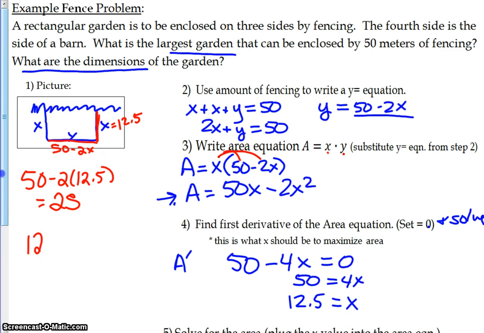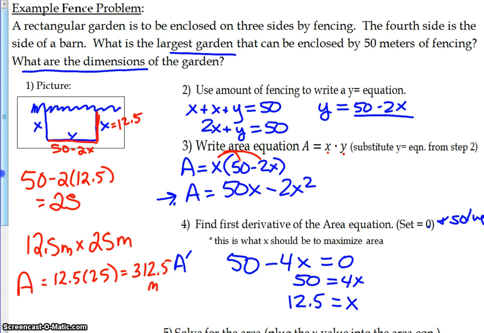If I have a 12.5 meter by 25 meter plot of land, then the area is 12.5 times 25, and of course it's that 312.5 meters squared. I ran out of space here. So that's basically my answer to this problem: 2 different ways to solve the same problem. I answered both parts of the problem, the dimensions and the area.